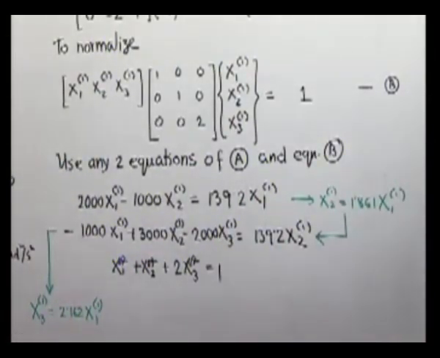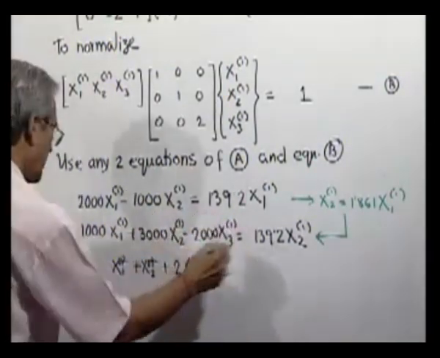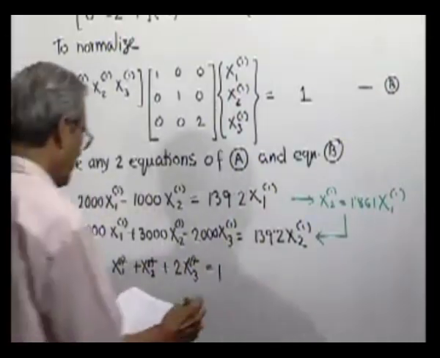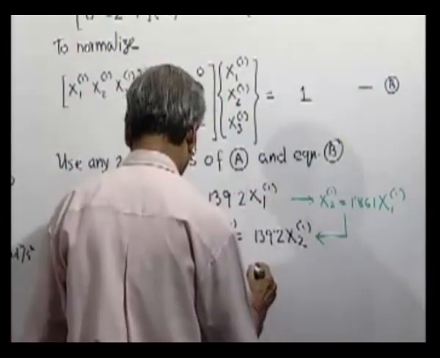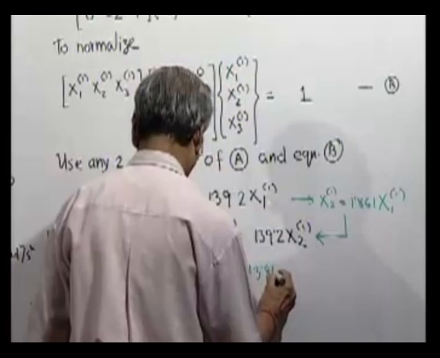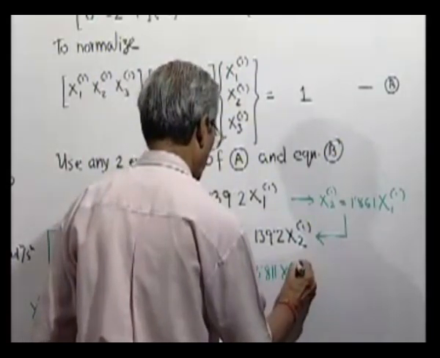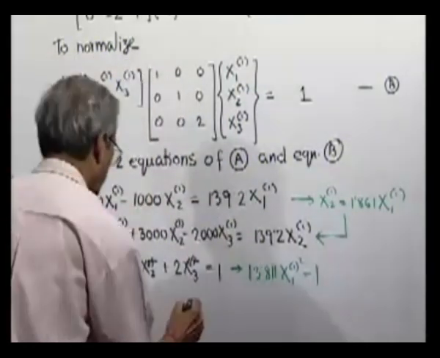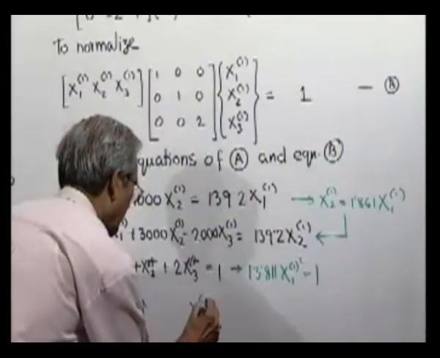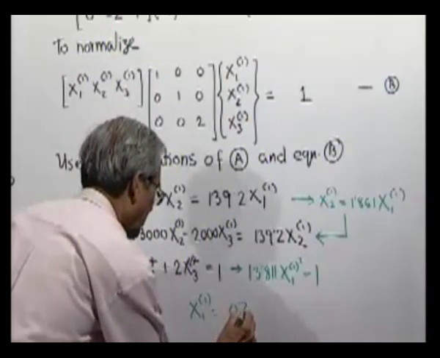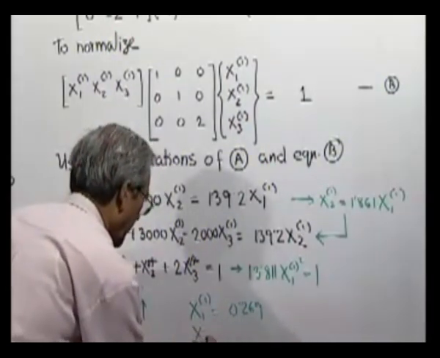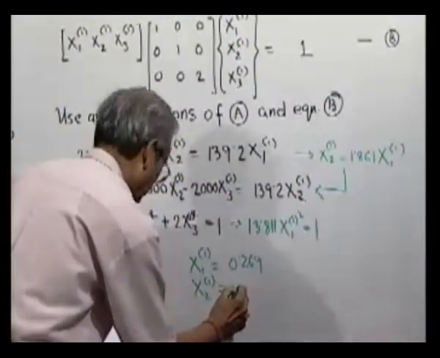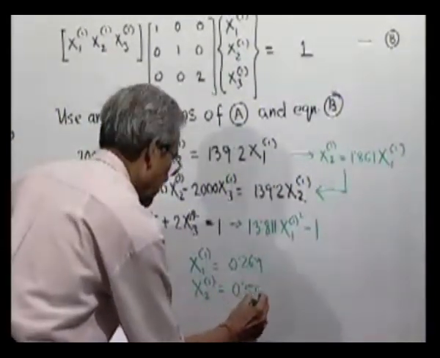Just straightforward. And then using both x2 and x3 in terms of x1, we can get an equation in terms of x1 only, and this will give 13.811 x1 1 square equal to 1, and the result will be x1 1 equal to 0.269. x2 1 is 1.86 times of that, so it will be 0.501.